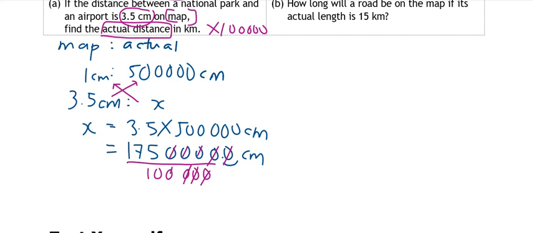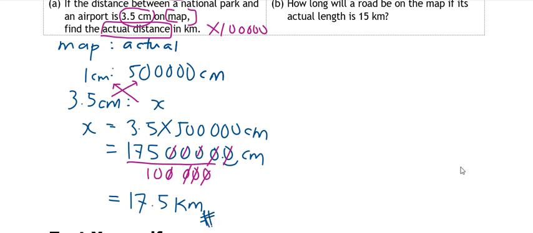So your last answer will be 175 divided by 10 will be 17.5. This is already changed into kilometer. Right? So that's it for the part A. This is your answer for part A.